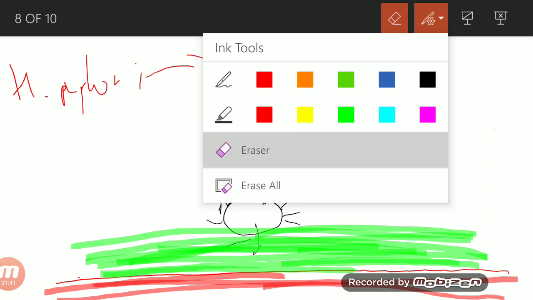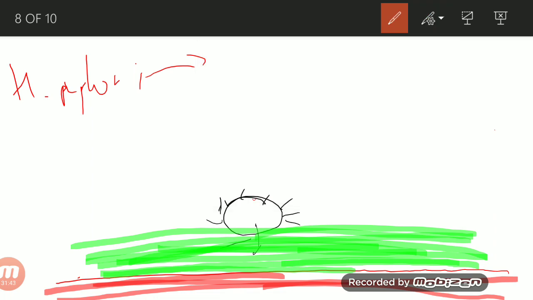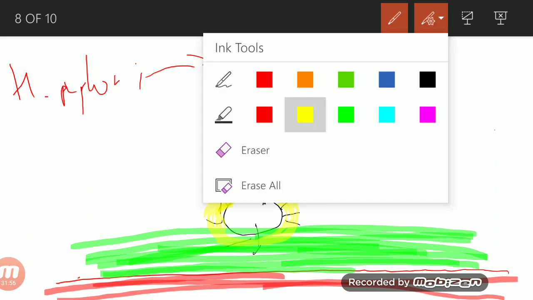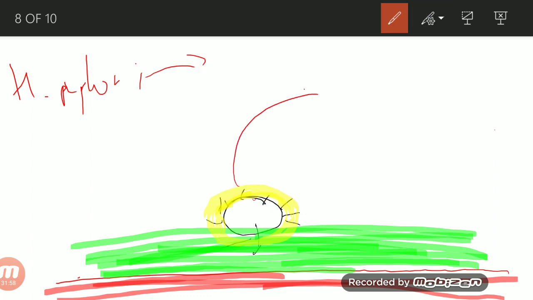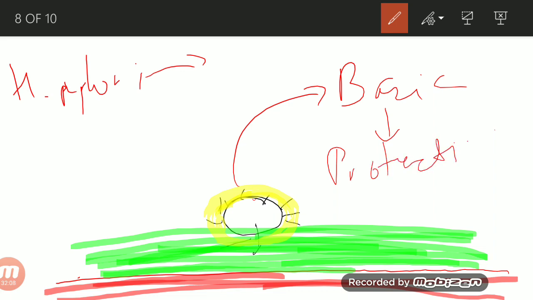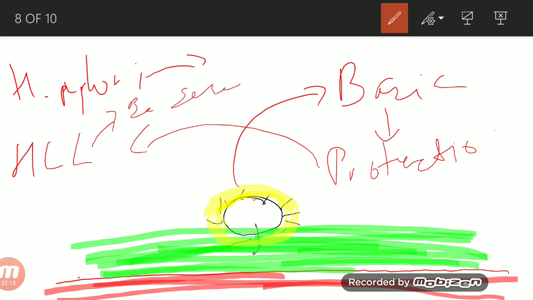This ammonia goes and coats your bacteria. Since ammonia is basic in nature, your bacteria gets protection from the HCl being secreted.